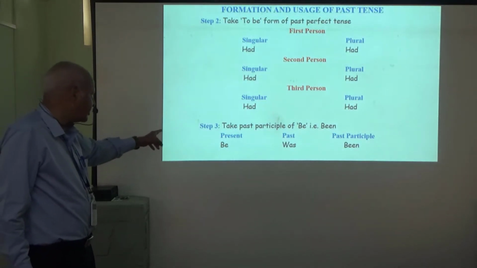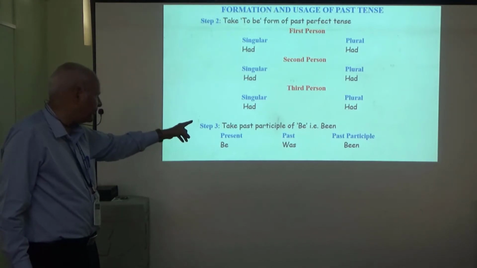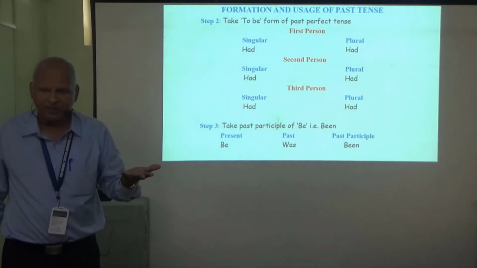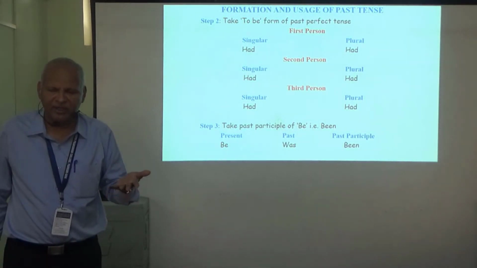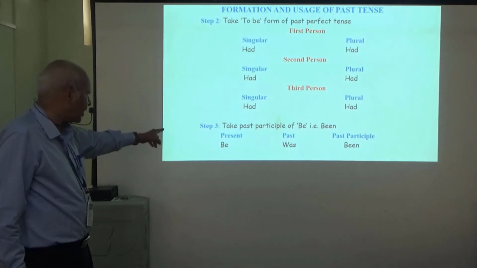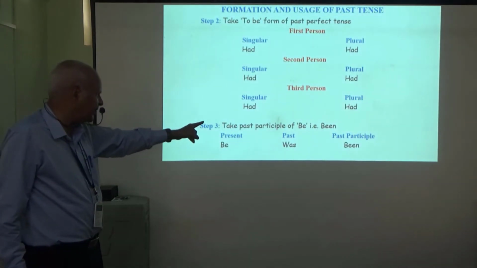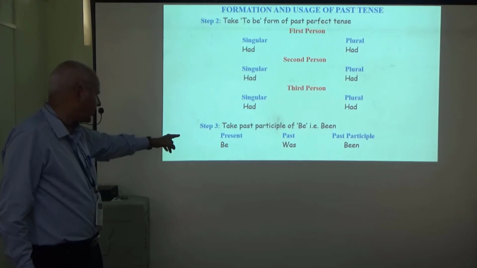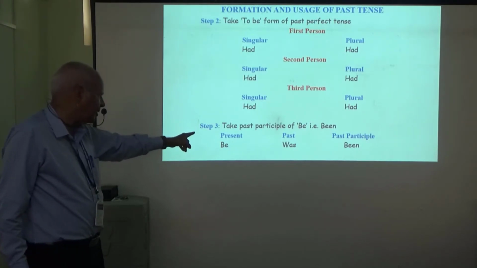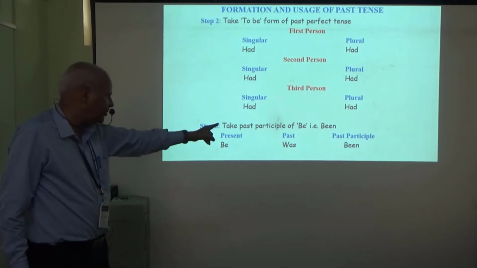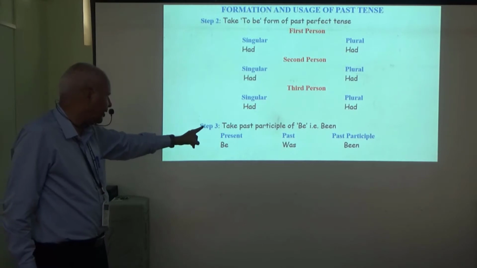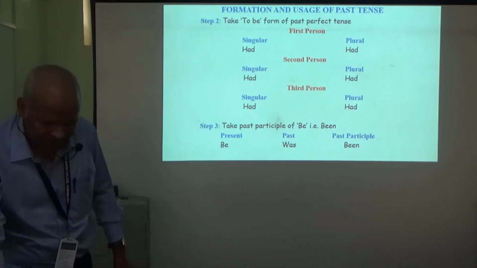Then third step, take the past participle of be, that is been, as we discussed in the previous session while forming the present tense. Here also, the third item we need to take is the past participle of be, that is been. Just for your information, present form is be, past form is was, and past participle of be is been. We have to take been, that is the third step.